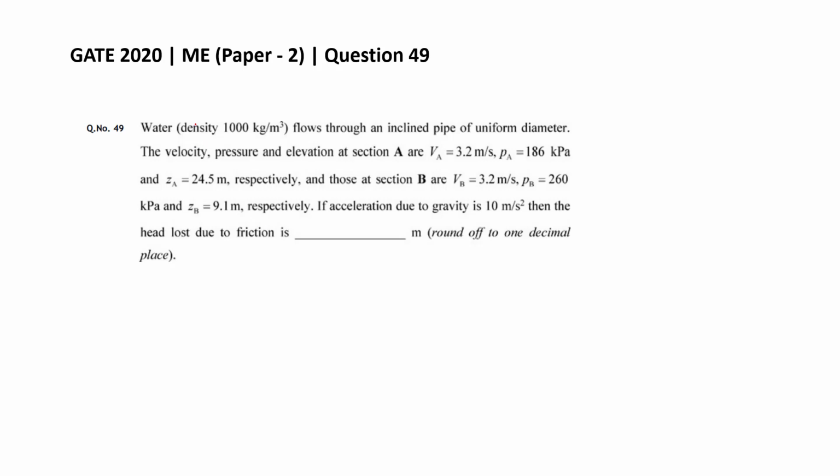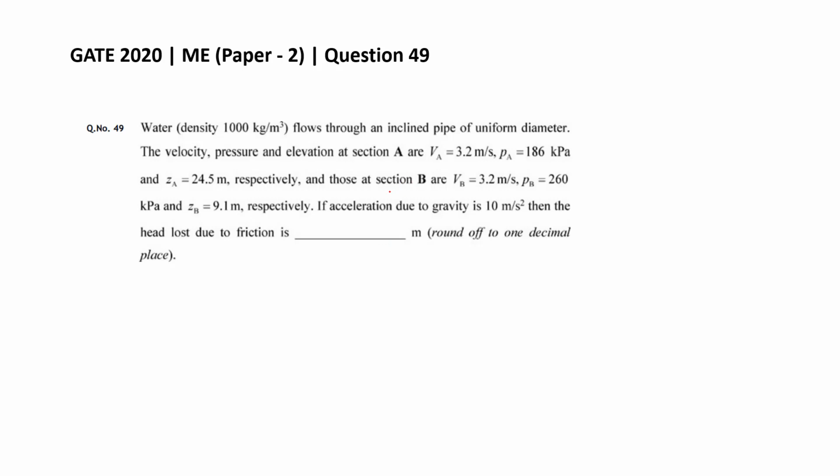This is from GATE 2020, set 2. Water, some density is given, 1000, just to make your life easier, flows through an inclined pipe of uniform diameter. The velocity, pressure, and elevation at section A are VA, 3.2 meter per second, PA, 186 kilopascal, and ZA, 24.5 meters. So this is all the information at section A.